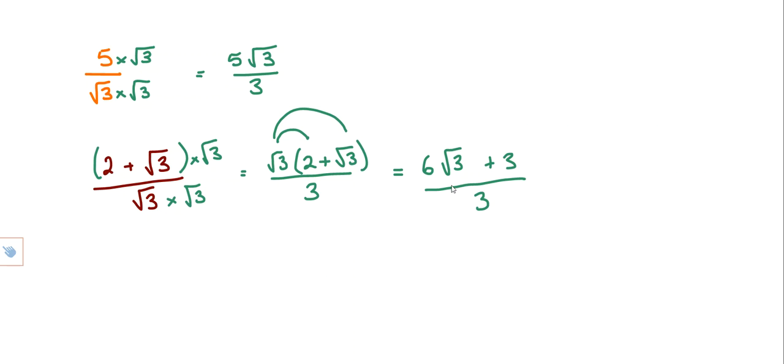There's a common factor of 3, so I could refactorise this and have it as 3 lots of 2 root 3 plus 1, all over 3, and then the 3 and the 3 would cancel to leave me just that. Right? But in this case, we didn't have any of that because that was a 2 and not a 6. That makes sense?